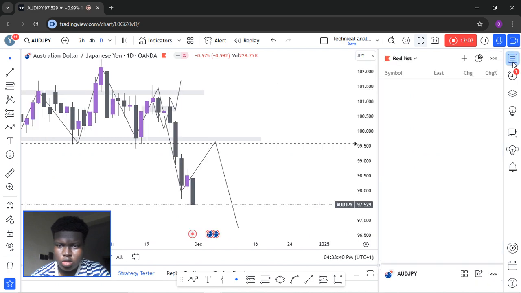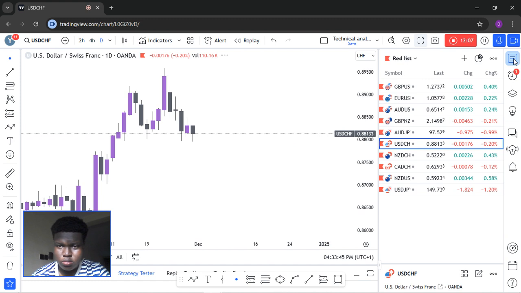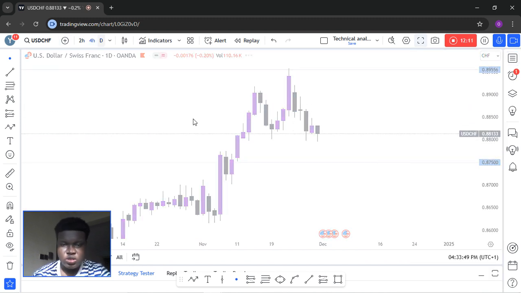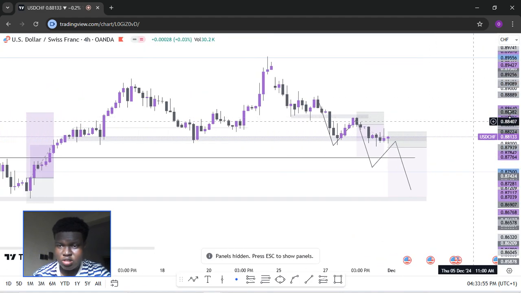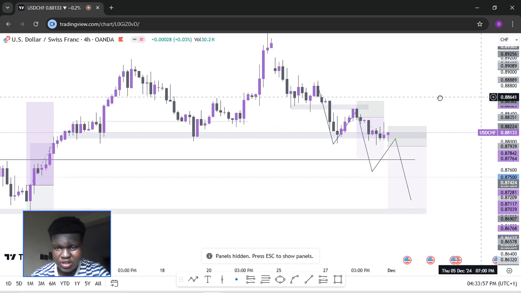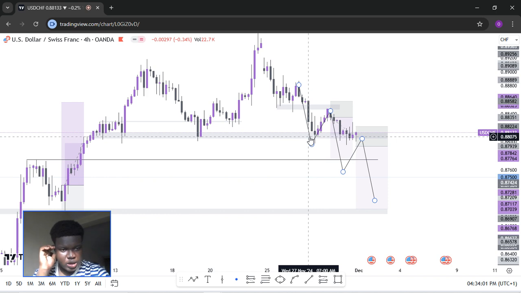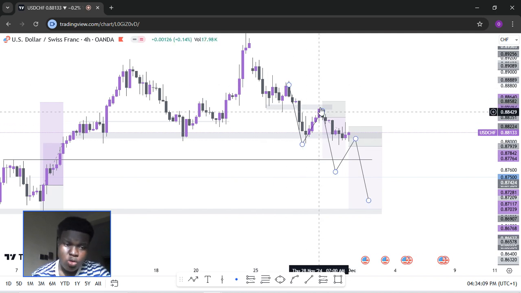So on USD CHF, let me show you. USD CHF on the 4 hour time frame. Yeah, I actually did not take this trade, but it was part of the trade idea. I didn't want price to come into this support zone and find support. So as you can see on USD CHF, we had simple price action: high, low, lower high.